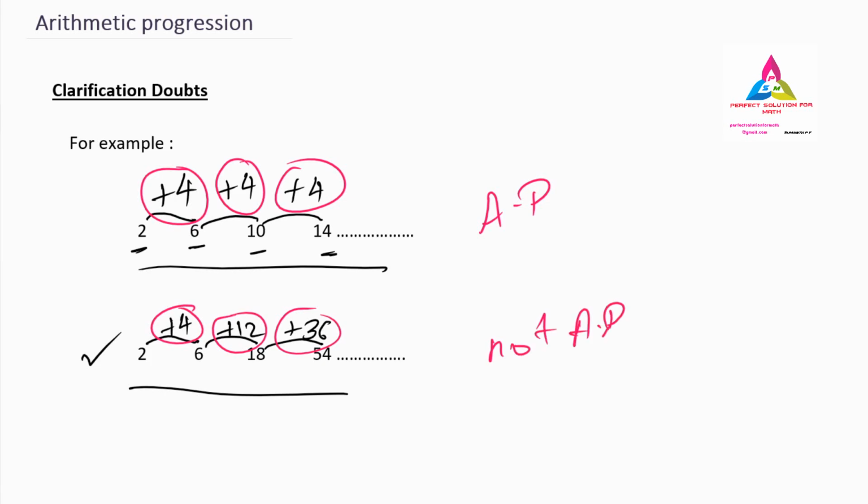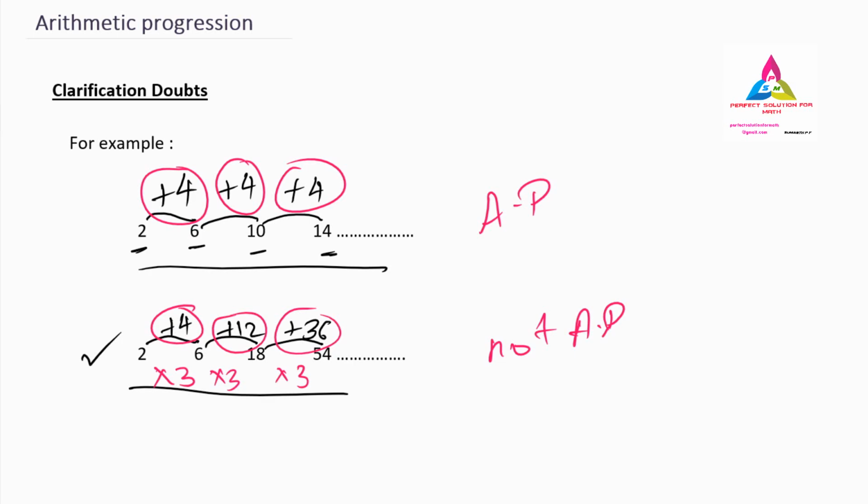AP stands only on a difference having plus or addition or subtraction, not anything else. But in this case, if you see clearly, we have 2 and 6, 6 and 18, and 18 and 54. It is not the same common difference, but if you multiply, 2 into 3 is 6, 6 into 3 we get 18, and 18 into 3 is 54.